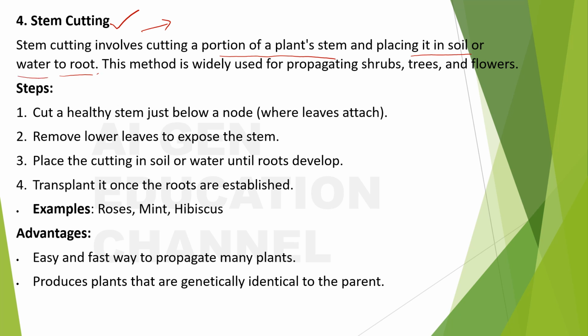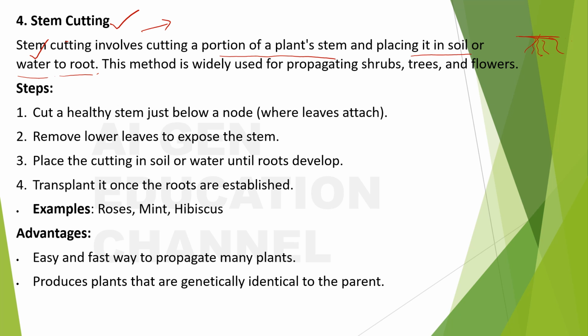So it's not that we can put it only in soil. There are some plants that can actually grow in water too. So till they root, they will be put in that soil or water. This method is widely used for propagating shrubs, trees and flowers.